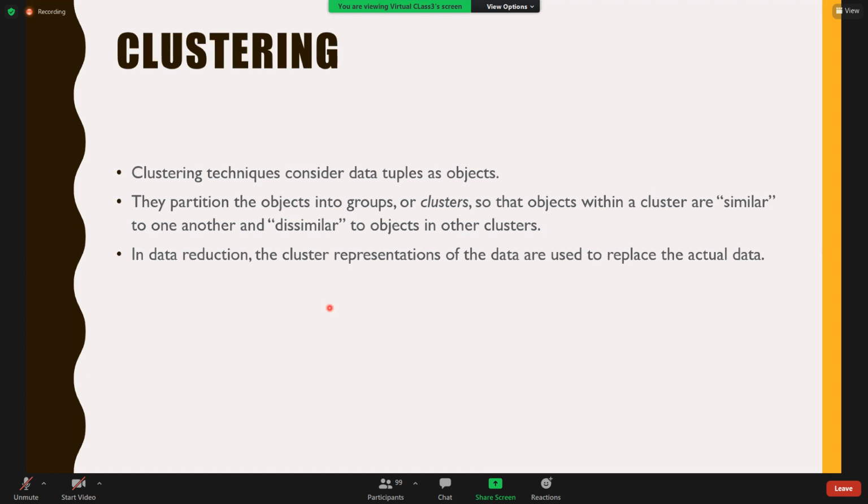So how many representatives will there be? 10 representatives. In that way, these 1,000 tuples of data are represented in a simple form with 10 cluster representatives. So that is the usage of clustering in data reduction.